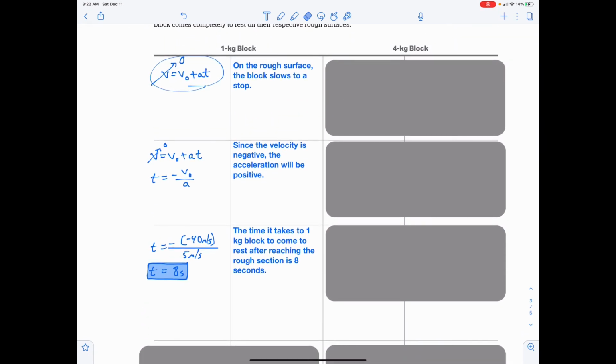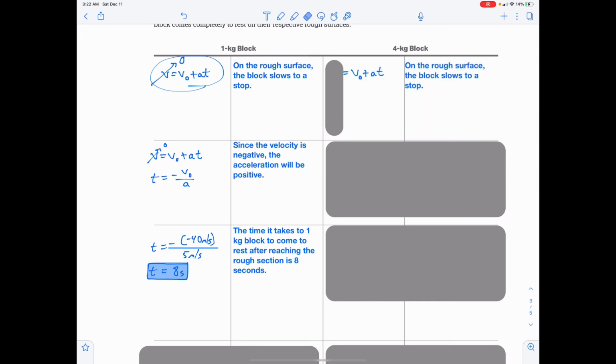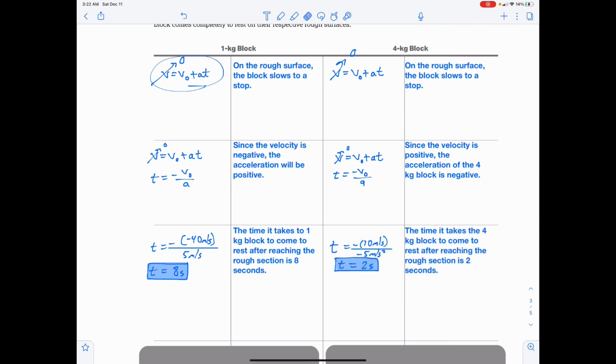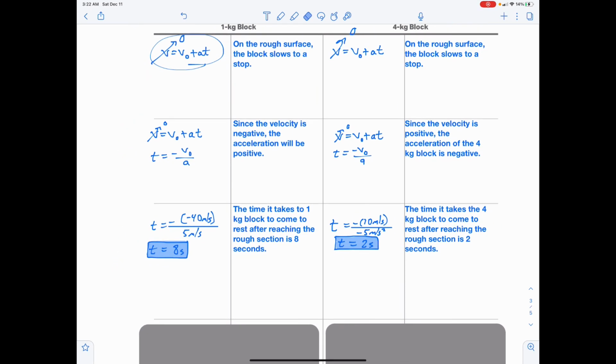The 4 kilogram block, we're going to use the same equation, velocity as a function of time, remembering again that the block is coming to rest, so final velocity is 0. Again, we subtract v naught and divide by a, and when we plug in, this time it's negative 10 over negative 5 because the acceleration is negative, and we get 2 seconds.